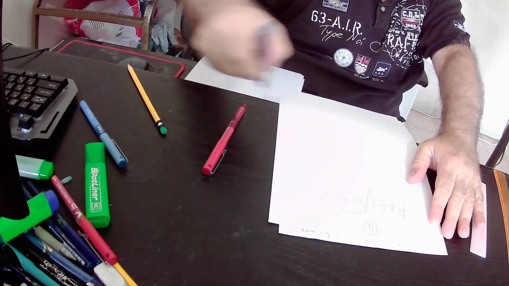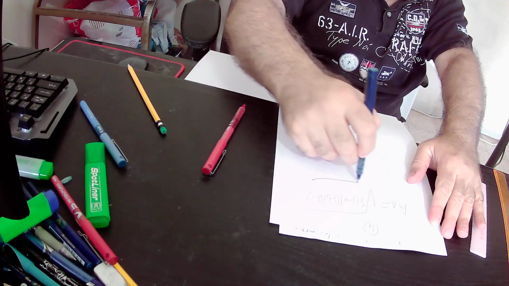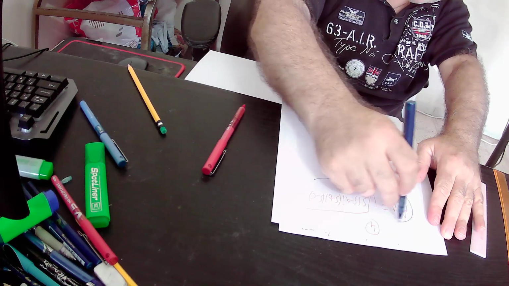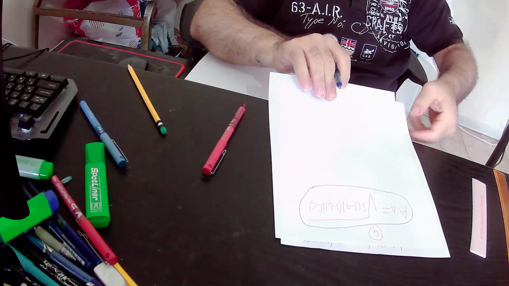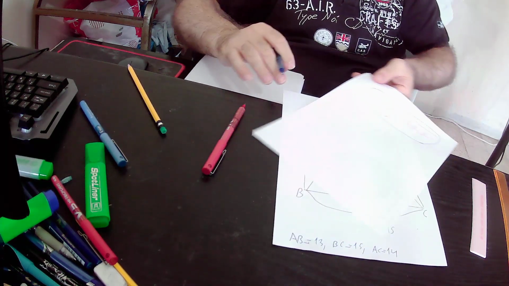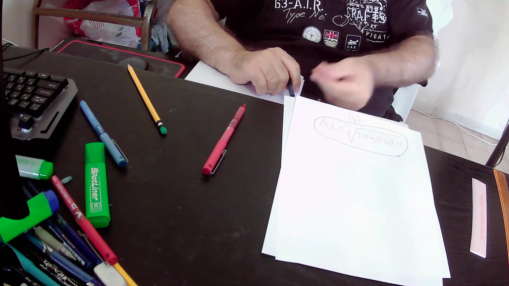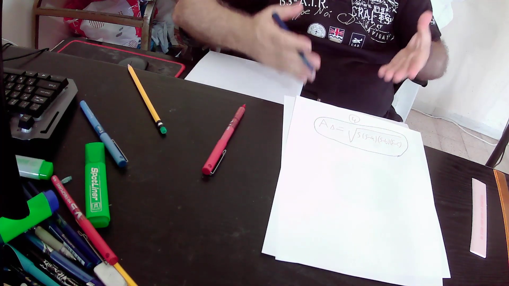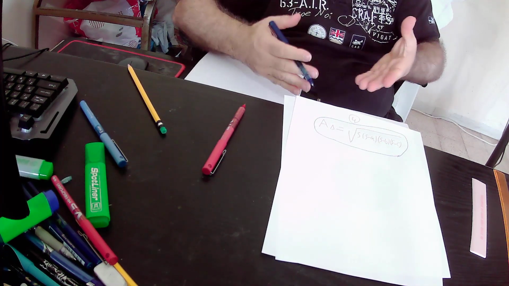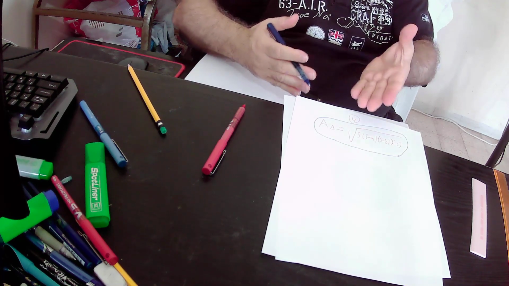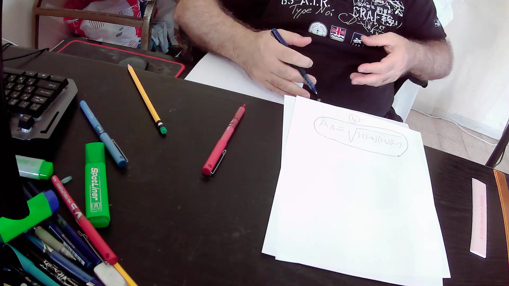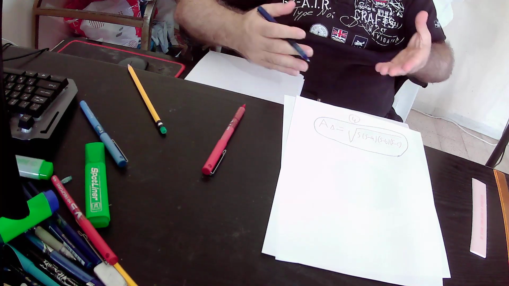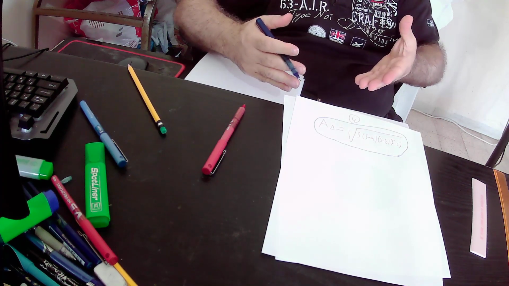Okay, so this is the formula for calculating the area of any triangle. So in order to calculate the area of any triangle according to this formula, we must know the sizes of all the sides of the triangle.